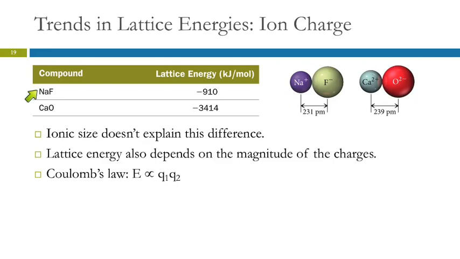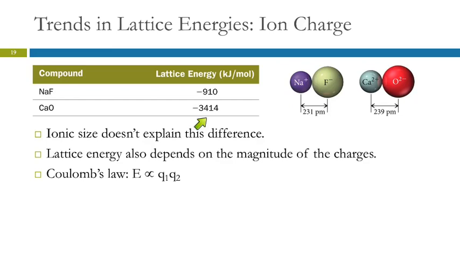So we could look at sodium fluoride and calcium oxide. These two compounds were chosen because they have similar distances between the nuclei. So sodium and fluoride, 231 picometers, calcium and oxide, 239 picometers. Very similar, and yet the difference here is big.